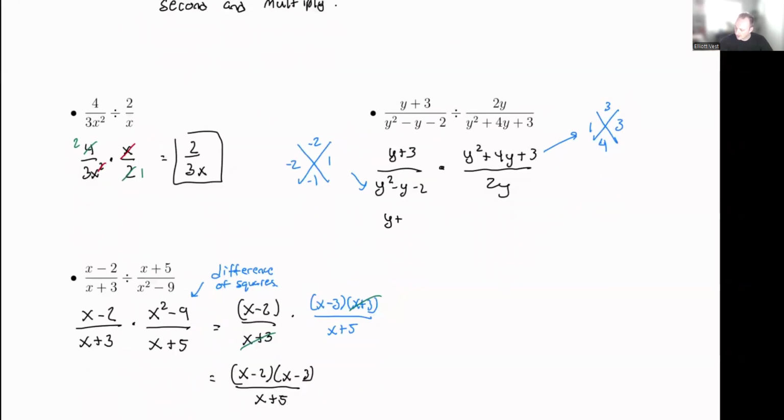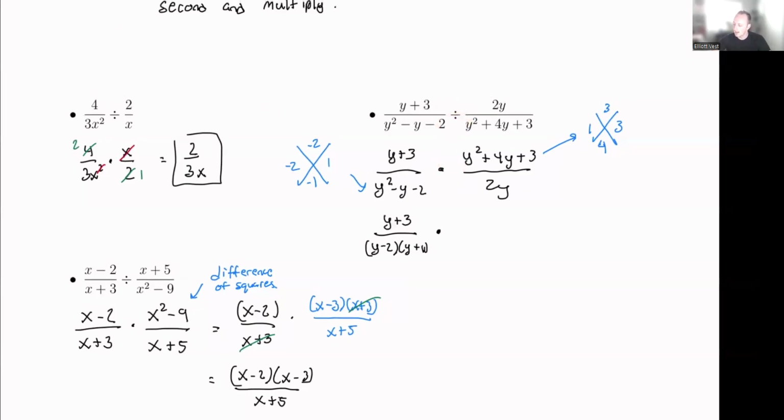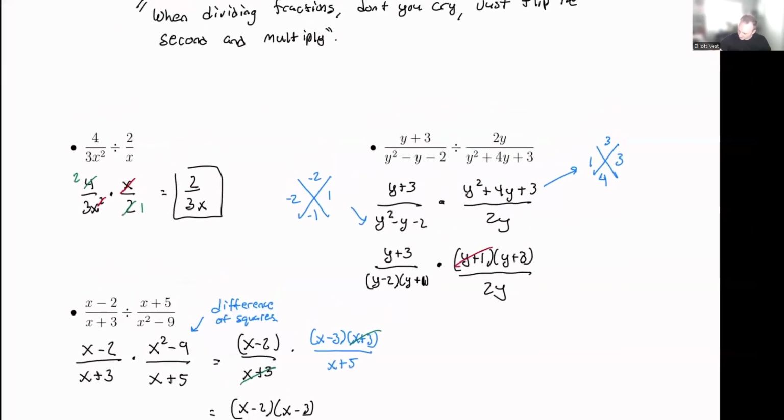All right, so what do I got? I got y plus 3 over y minus 2, y plus 1, times, and the right side, now that I flipped it, because I don't have to worry about dividing now, this is y plus 1, y plus 3 over 2y. Where can we have matchings here? I see these cancel.